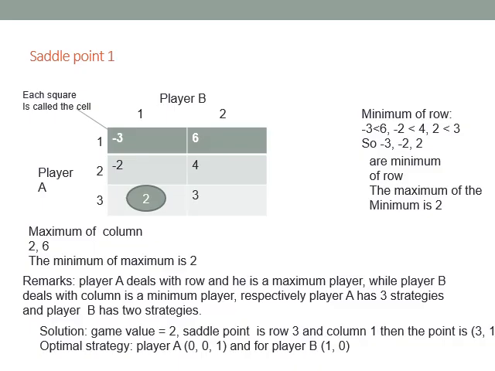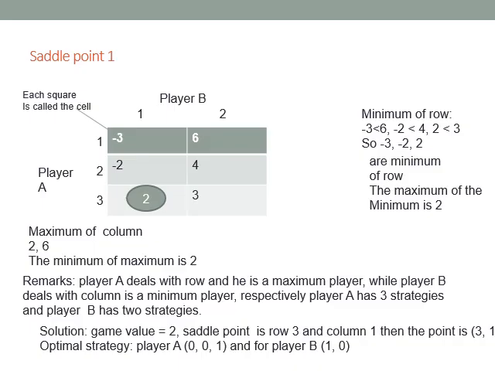Game value is the common value between the minimum of row and the maximum of column. So the saddle point is row 3 and column 1. Then the point is (3, 1).